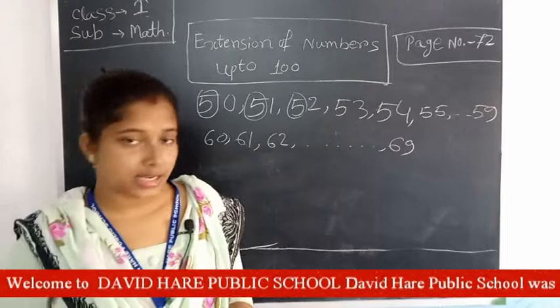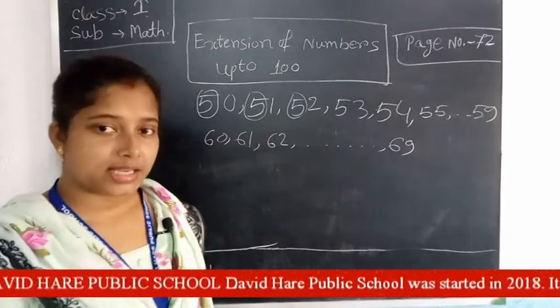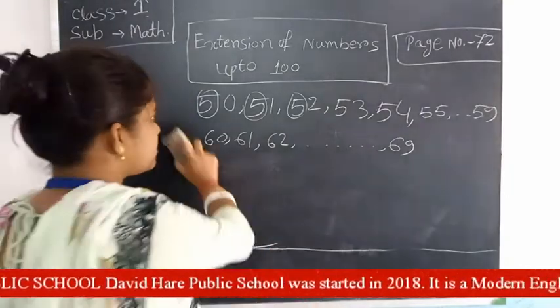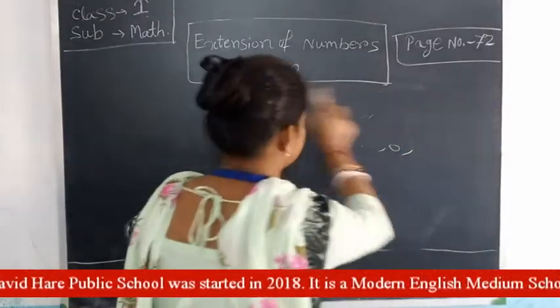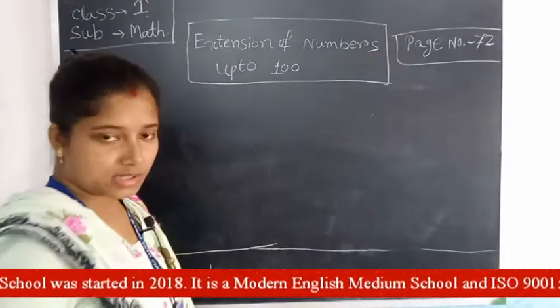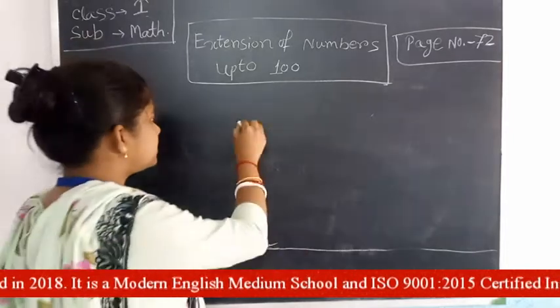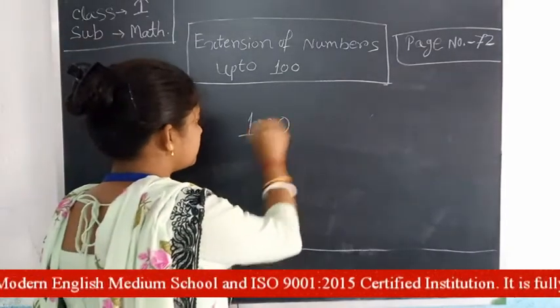And after 99 what comes? After 99 the number is 100.